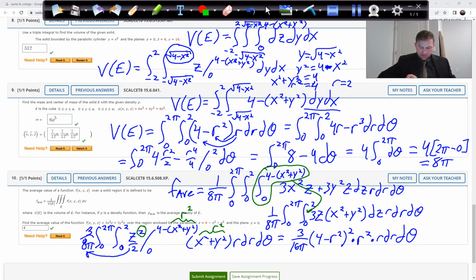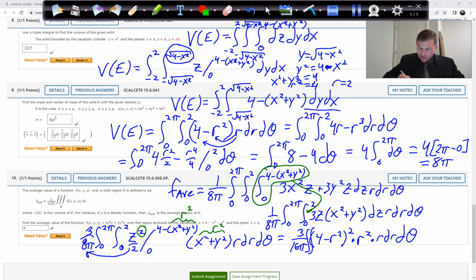Let me just check, because that's a lot. r squared, 4 minus r squared, times another r, dr d theta. 3 over 16 pi. Okay, this is correct. You've got to FOIL this and distribute the r squared. And notice I completely dropped my limits of integration, so there's still a double integral here.